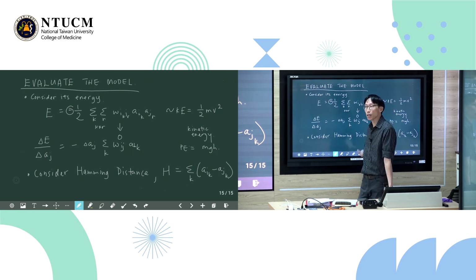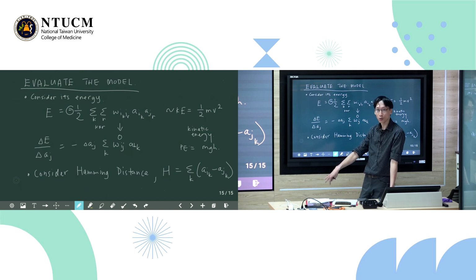If my input state and my output state agree across all nodes, then my Hamming distance is 0. But to the extent that one of them disagrees, it's going to be more than 0.